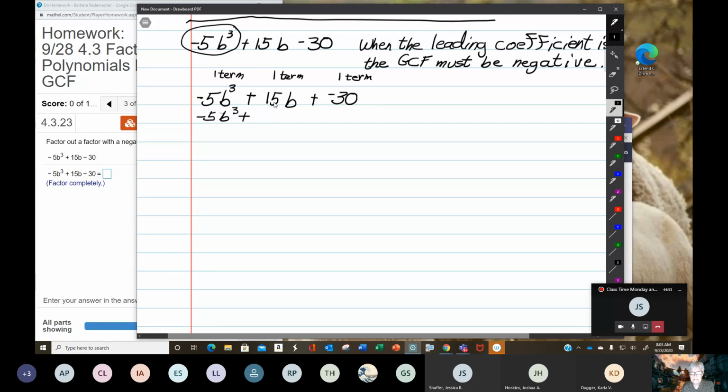Well, that might be hard, but if you remember those nasty rules from pre-algebra of multiplying integers, when you multiply a negative number times a negative number, you get a positive number. Well, 15 is positive, but I know that 15 equals 3 times 5. Aha! But it also equals -3 times -5.